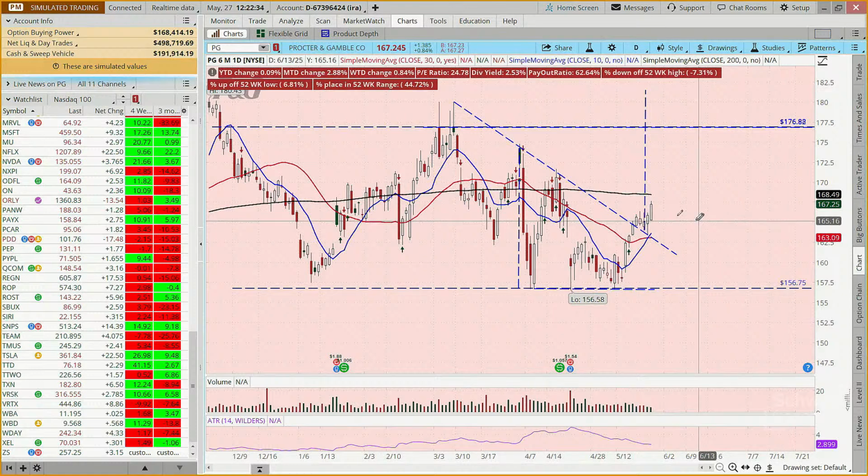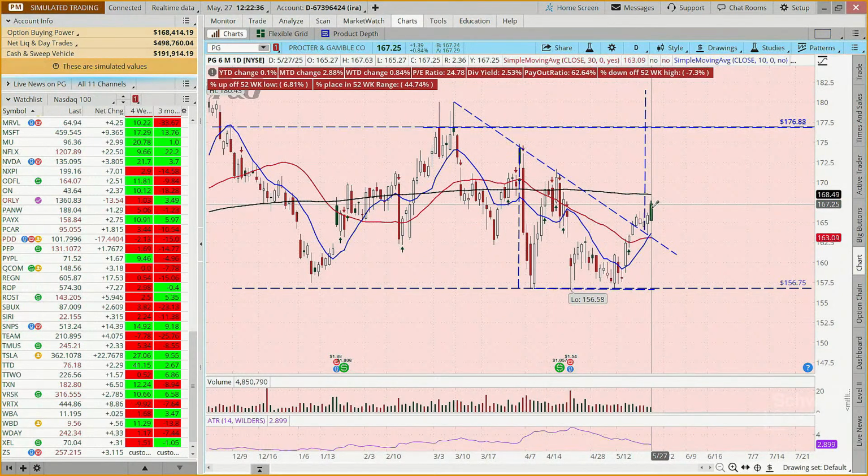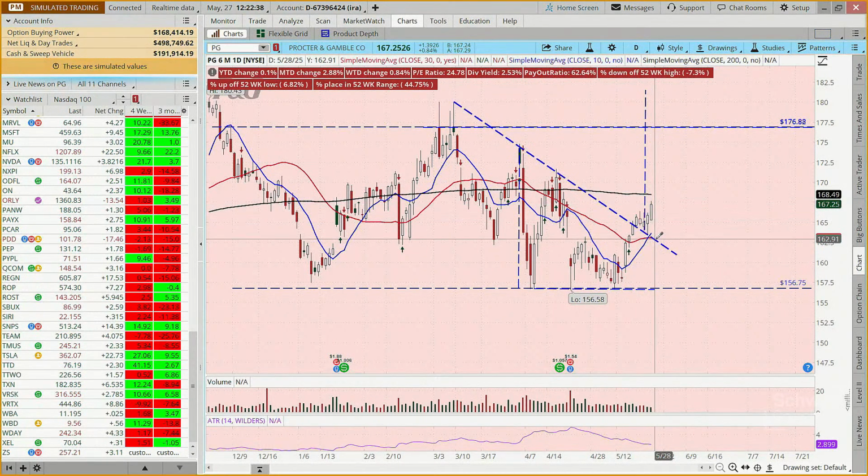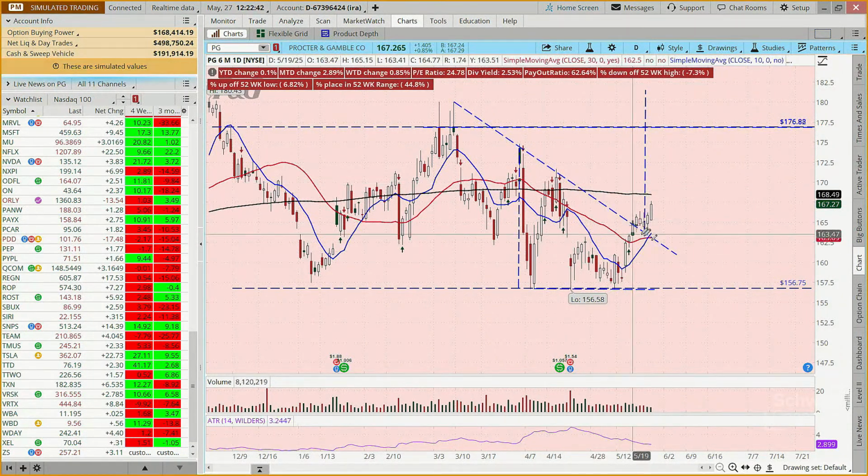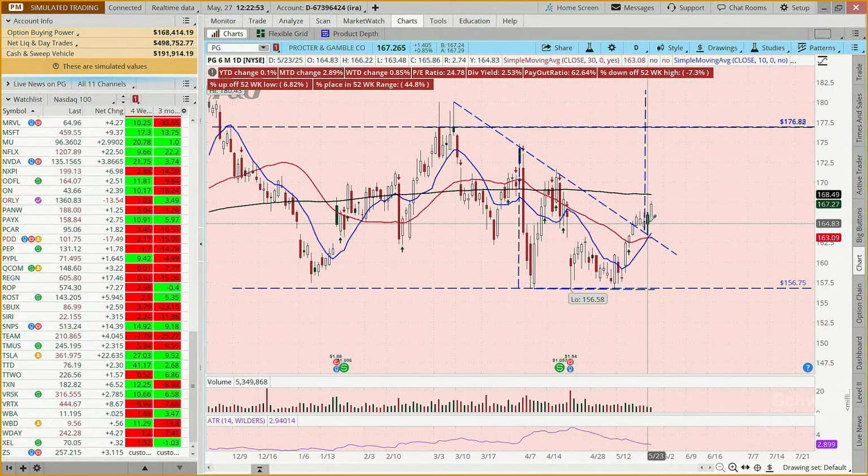So if we wanted to do this with stock, how might we do it? Well, I'm going to make my stop, if it comes back down into this pennant, I'm going to take a look at this low from Friday of 163.48. And I'm just going to use my calculator here.